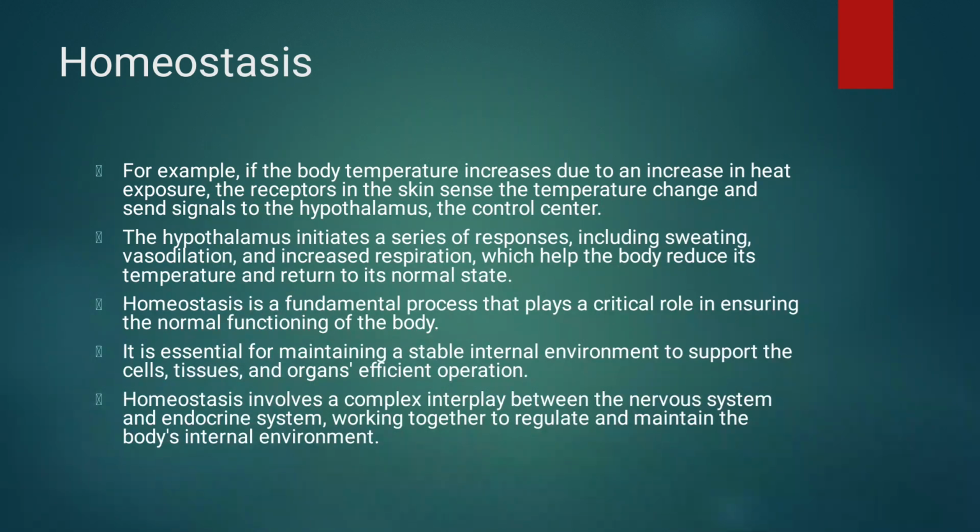This helps the body to reduce the temperature and return to its normal state. Likewise, our body maintains the normal state. Homeostasis is a fundamental process which helps the body to perform in its normal state. It is also responsible for maintaining a stable internal environment and it supports the cells, tissues and organs.